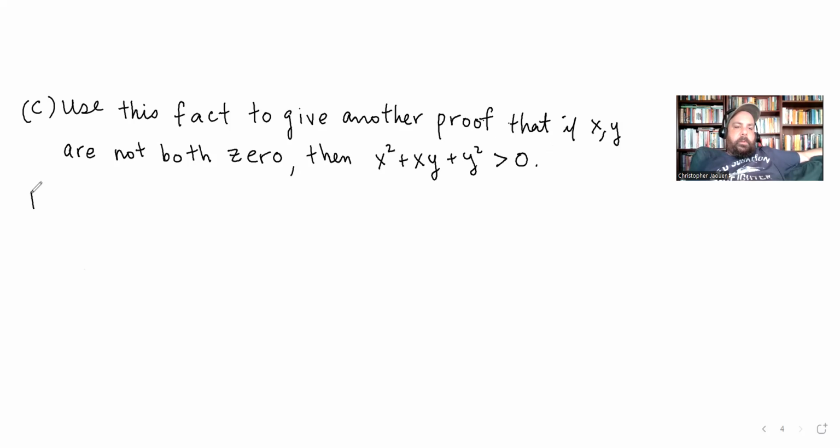Okay, proof. So start with the hypothesis, use this fact to give another proof. So assume that x, y are not both 0. Maybe we could say assume y not 0. We could do that without loss of generality.